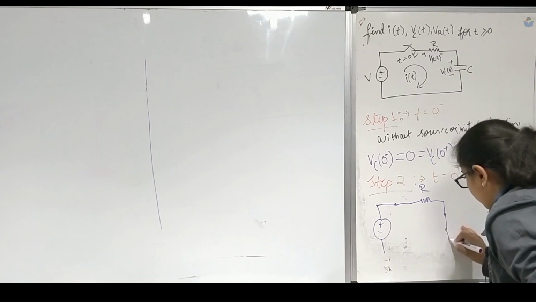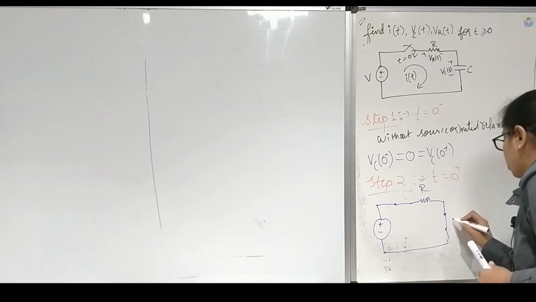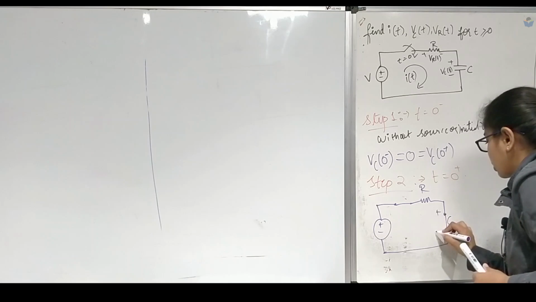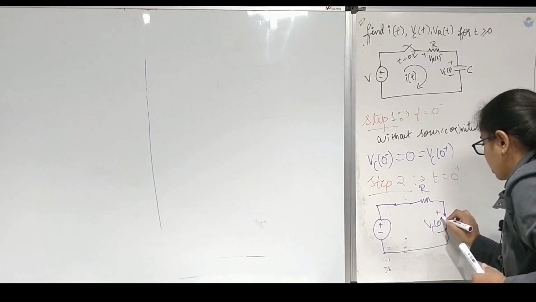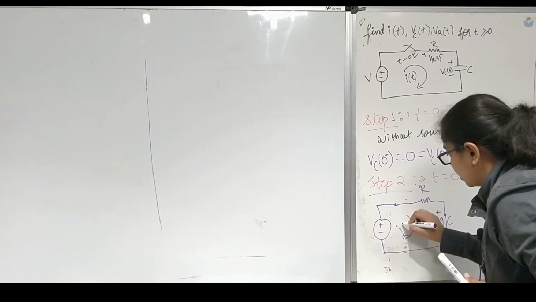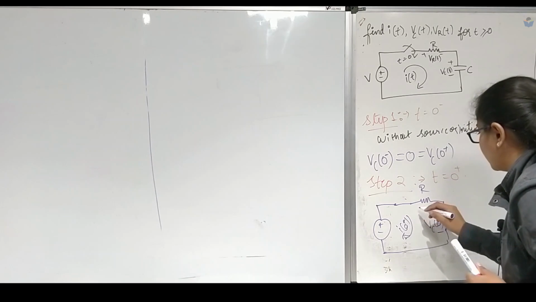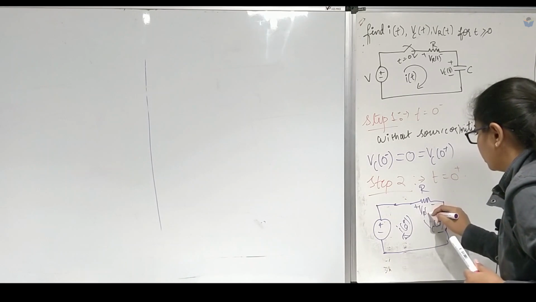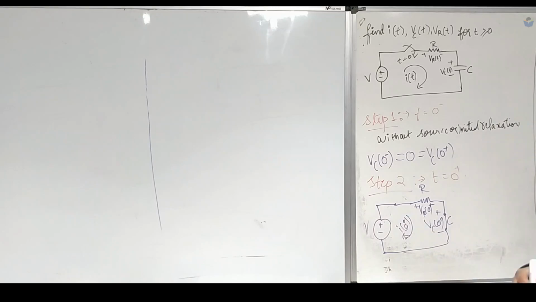Short circuit. Okay, the capacitor at t is equal to 0 plus will behave like a short circuit. So this is Vc at 0 plus, then this is current I of 0 plus, and this is VR of 0 plus, and this is voltage V.